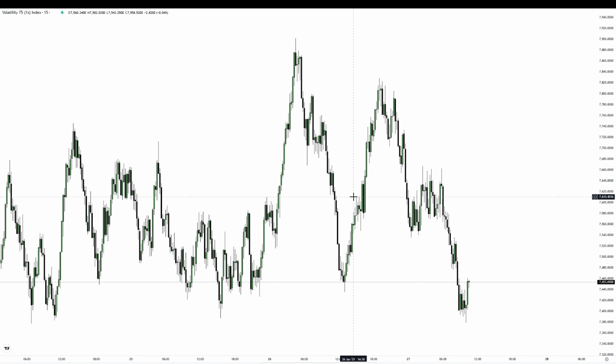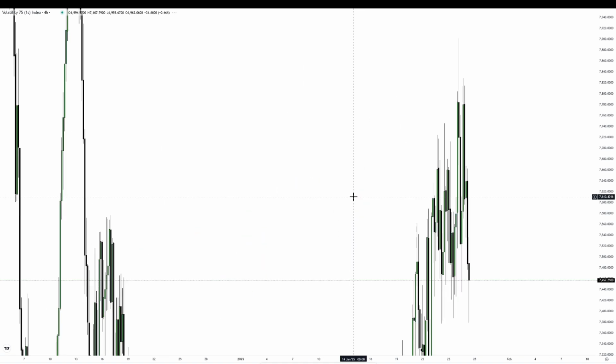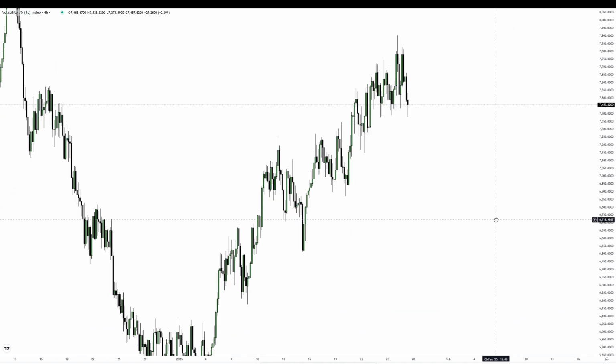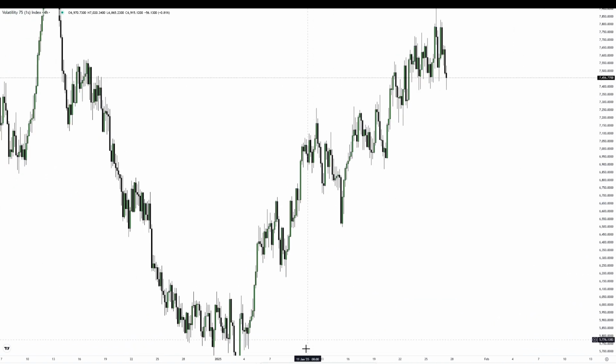So we want to go back to the chart that we've always looked into. It was a 4-hour, and we want to look into the same concepts that we've always focused on. I remember this was the first structure that we were looking into, and this was its invalidation.